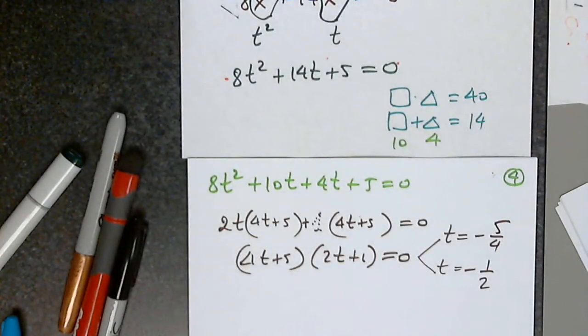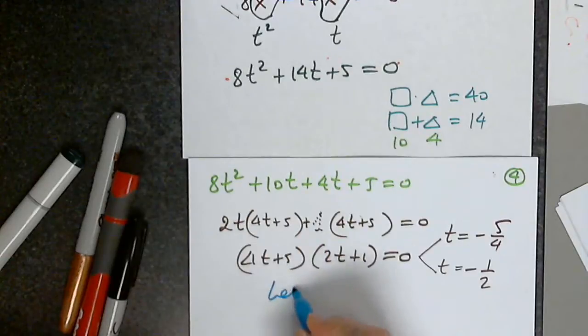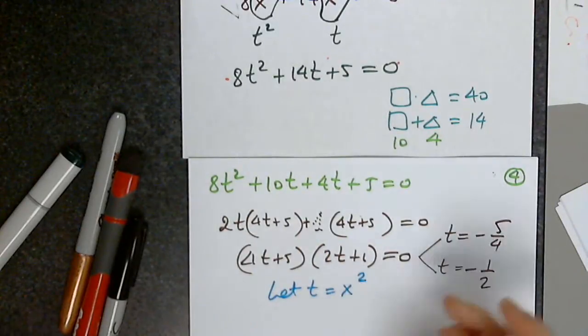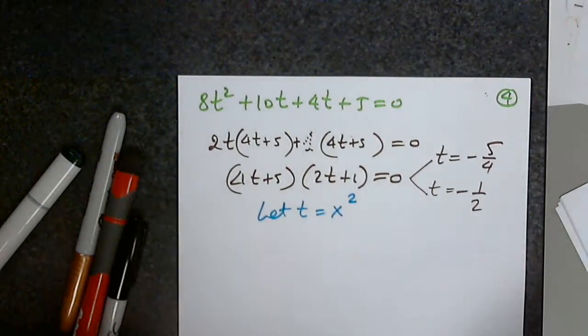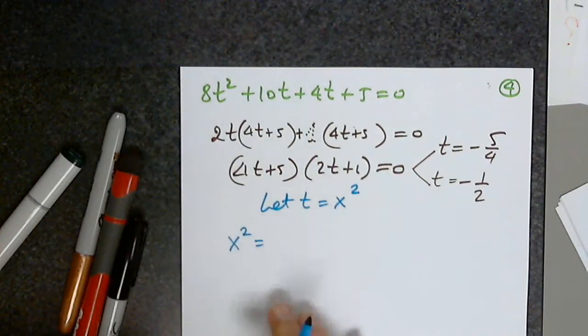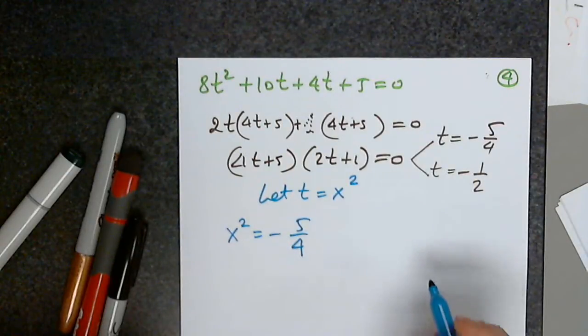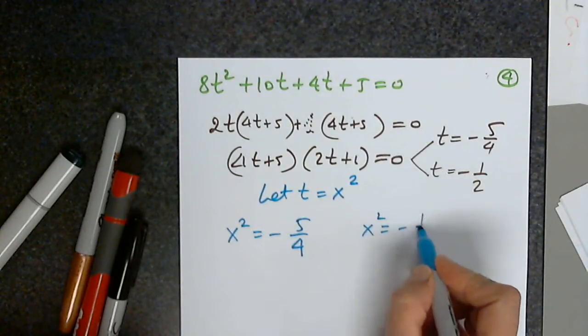Well, but it's not done, right? If you remember, we said let t be x squared. So then we have two more equations to solve. x squared equals negative 5 over 4, and x squared equals negative 1/2.